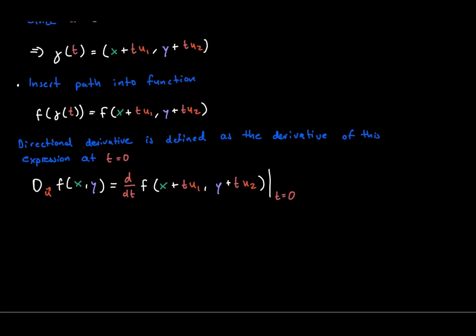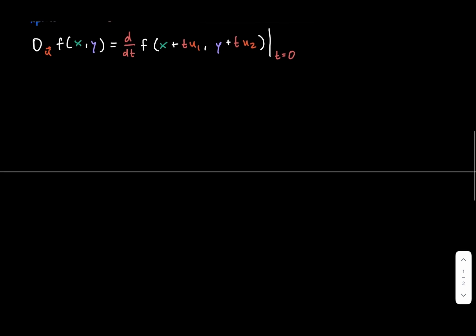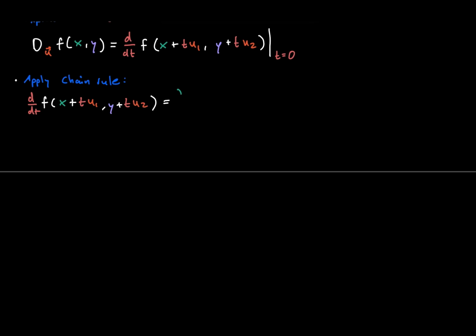Here, f depends on two variables and both depend on t, so we use the chain rule. Step by step, this gives the derivative equals partial f with respect to x times the derivative of x plus t u1, plus partial f with respect to y times the derivative of y plus t u2.